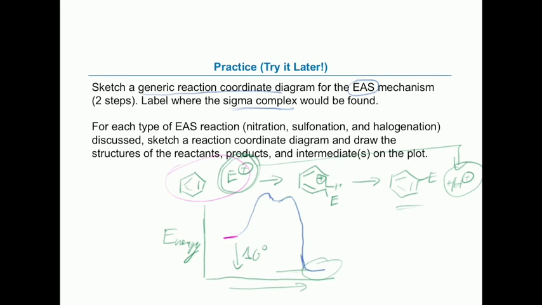The sigma complex sits right there, a high energy intermediate, much like the carbocations we've seen before. And the part we're trying to emphasize is that this delta G double dagger is a rate determining step. That's our transition state that we have to get to that controls how fast the overall process is going to move.